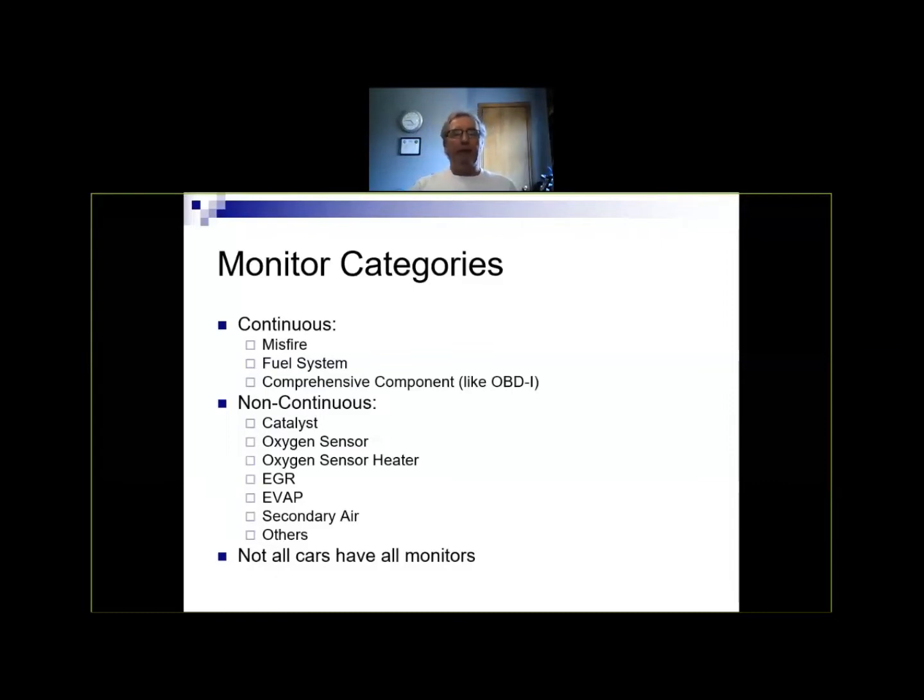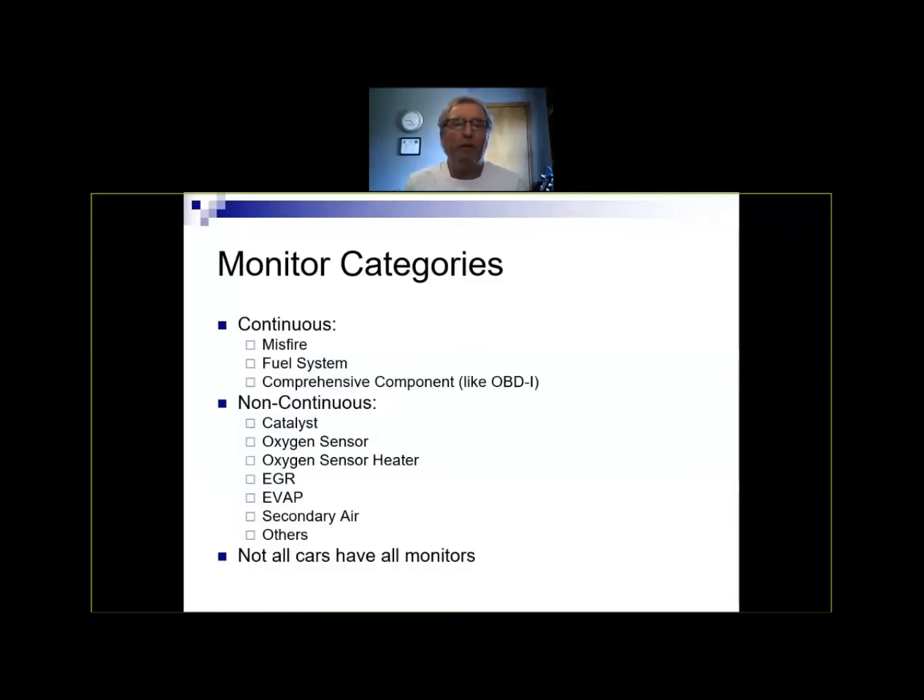Then there are the non-continuous monitors, such as catalyst, O2 sensor, etc. You go out and drive the car, and they may run during that trip or drive. At some point, they may not, if the conditions aren't met. And once they run, they don't typically run again. So they're not just constantly going. They run occasionally, let's put it that way.